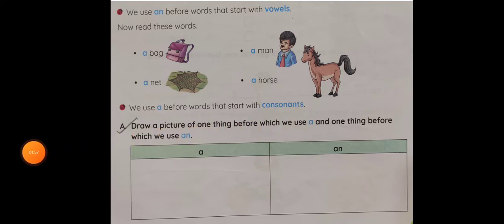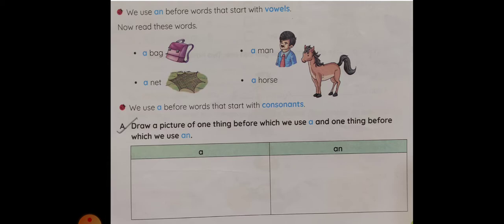Okay children? Now this is your homework. Draw a picture of one thing before which we use "a" and one thing before which we use "an". You need to draw different pictures of "a" and "an".